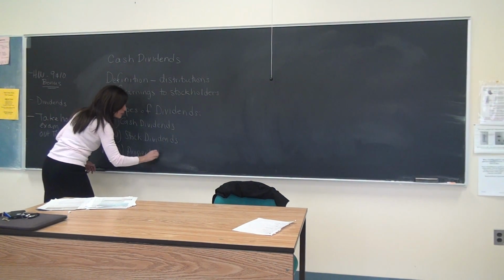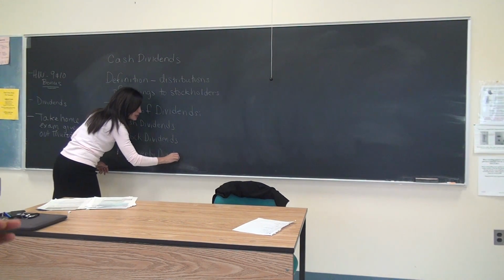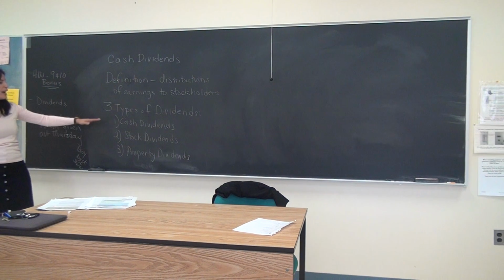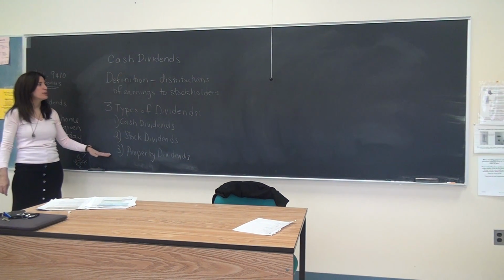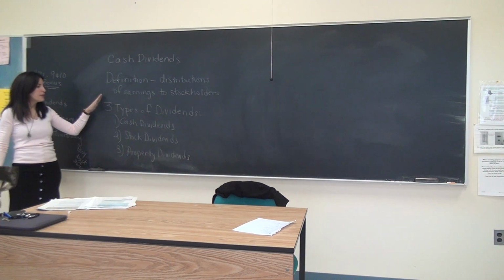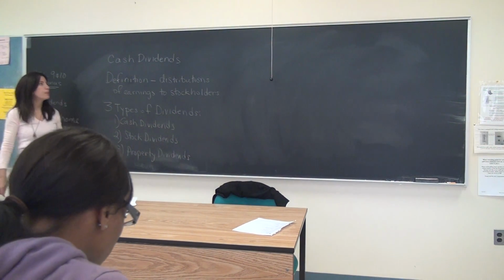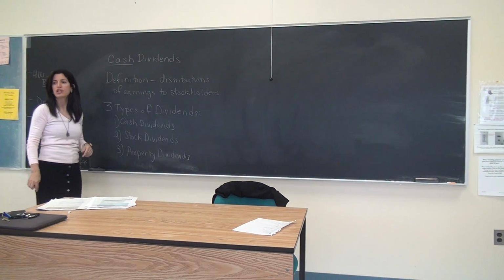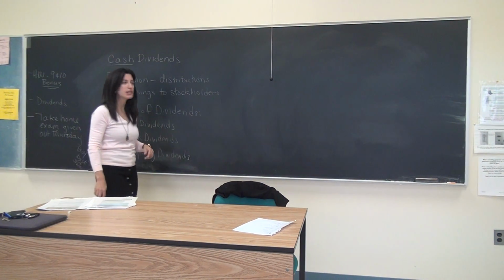We won't talk about property dividends today. Dividends are distributions of earnings to stockholders. Again, they can be in the form of cash, stock, or property. Specifically, we're going to talk about cash dividends, and cash dividends are distributions of cash to stockholders.